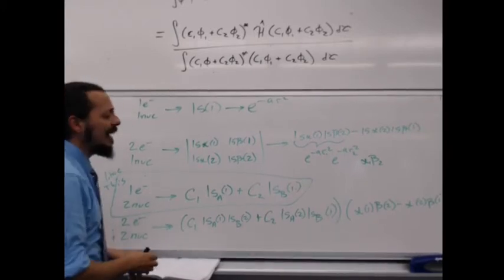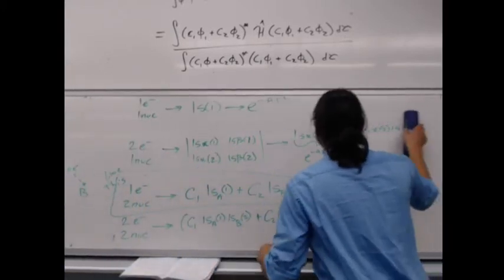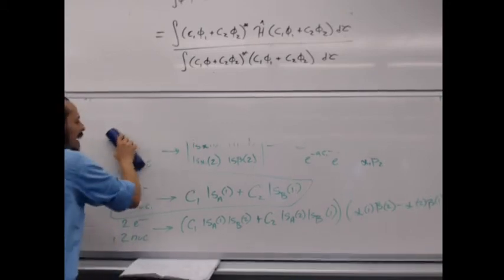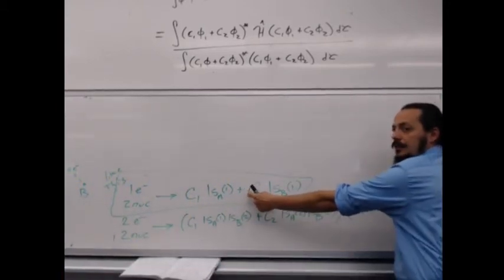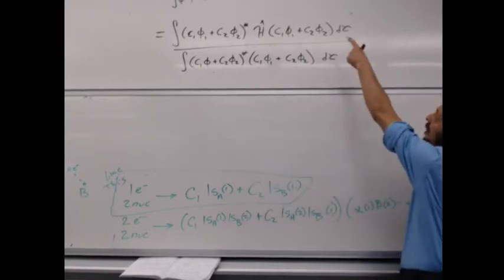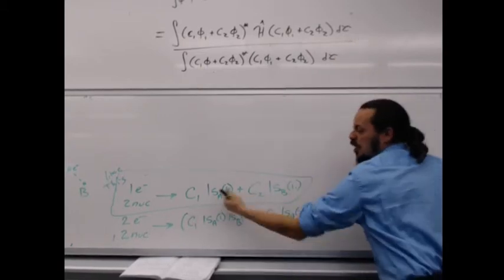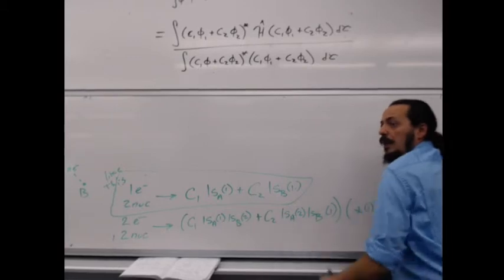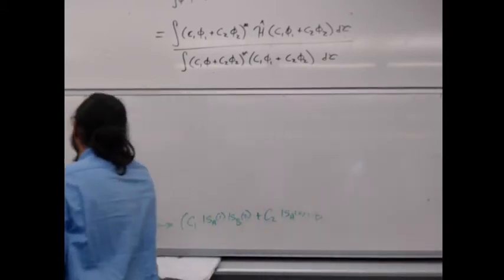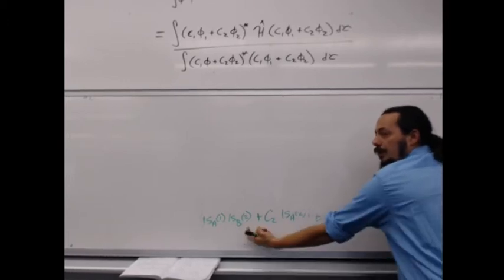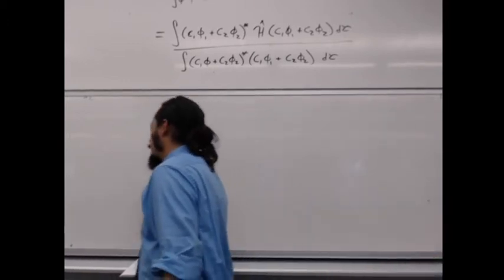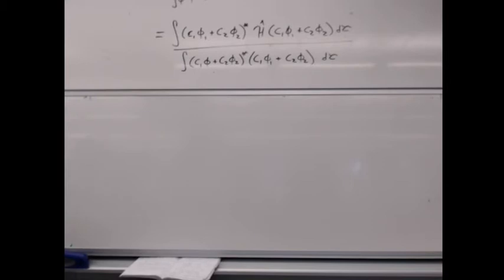So we're going to end up with several integrals. And again, the reason we're setting this up is to get to these bonding-like situations. So that C1 phi 1 plus C2 phi 2 could look like a bonding situation between two nuclei. It could also look like something more complicated with multiple nuclei and multiple electrons. But this would be our starting spot.